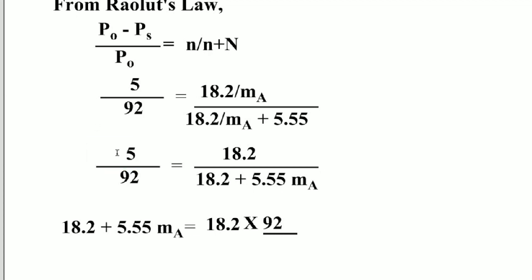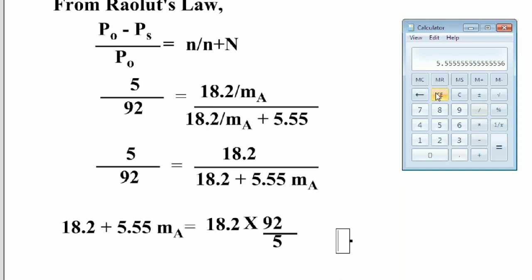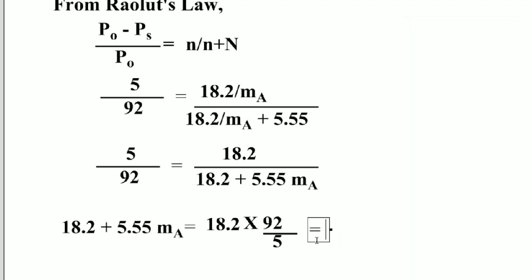On simplification, we calculate 92 divided by 5 is 18.4, into 18.2, which equals 334.88.